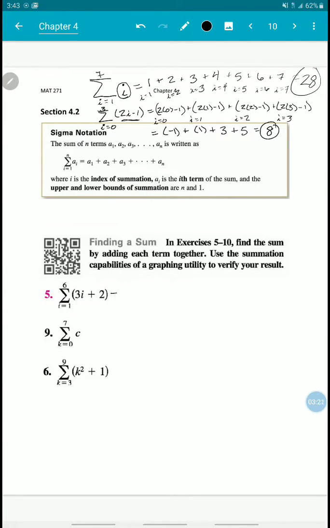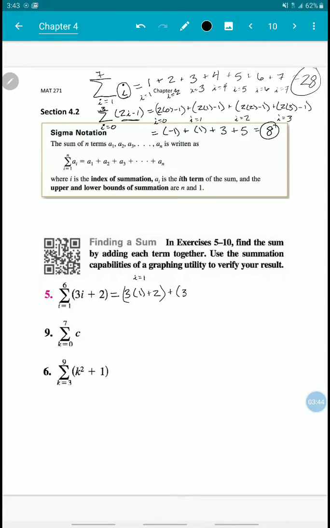So if we were to look at that next one down here, number 5, we're starting with I is equal to 1 and we're going up to 6, and that's the expression we're substituting in. So our first term is going to be 3 times 1 plus 2. That's when I is equal to 1.